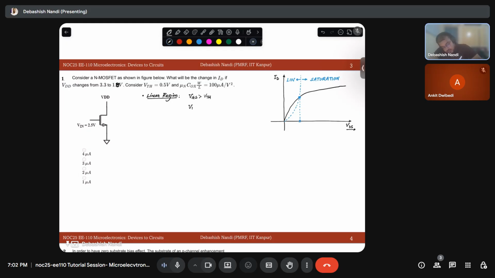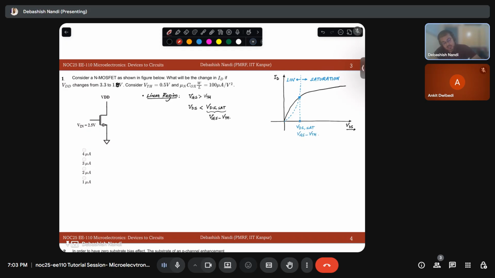And VDS has to be less than VDS SAT, and this VDS SAT is nothing but your gate overdrive, that means VGS minus VTH. So this point is basically your VDS SAT or VGS minus VTH.